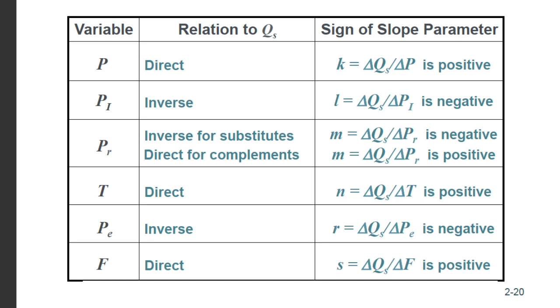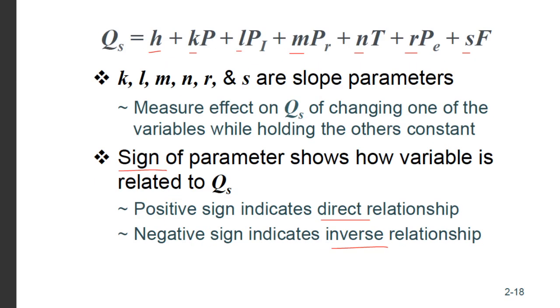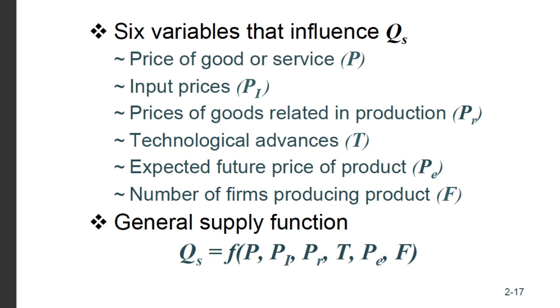Technology would have a positive influence. The idea is that technology by definition makes production more cost effective or more efficient, so that's a positive. And the PE was the expected future price of products.